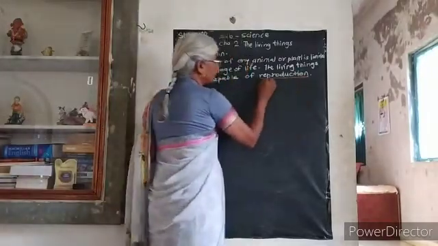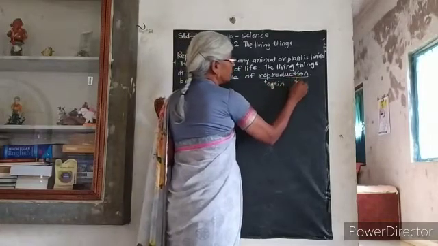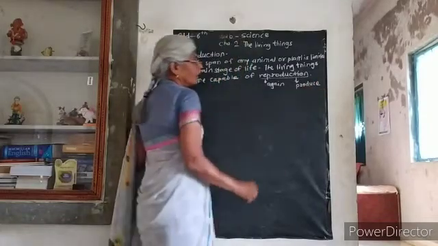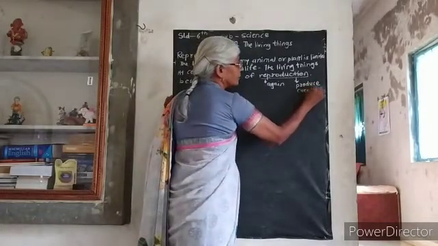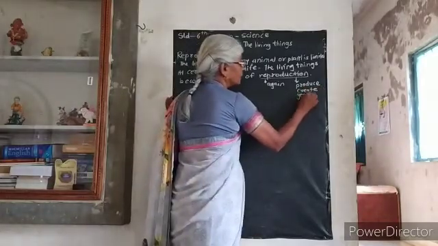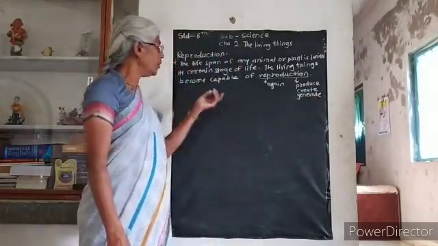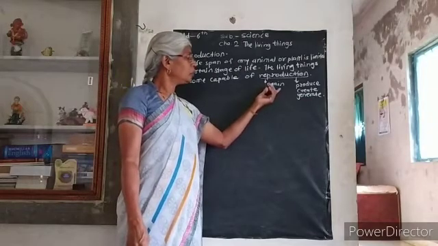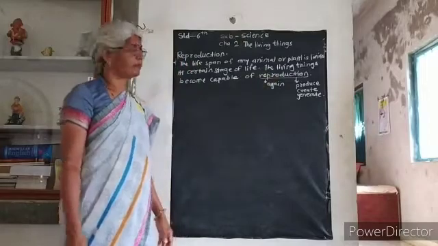Reproduction. Re means again. Production means to produce, or to create, or to generate. Living organisms have a capacity to produce again and again other living things.